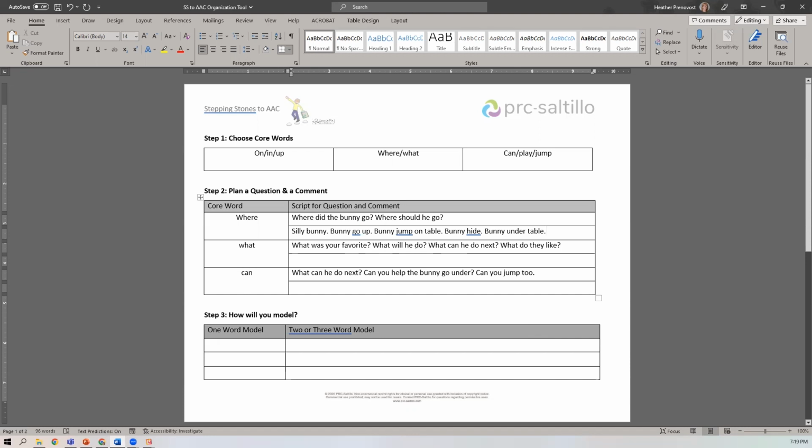What was your favorite? What was the favorite thing that you saw Bunny do tonight? I personally loved when he hid behind the pillow. Bunny roll. Oh, yeah, I forgot I made bunny roll. Bunny roll too. And the bunny hiding was very fun and unexpected.